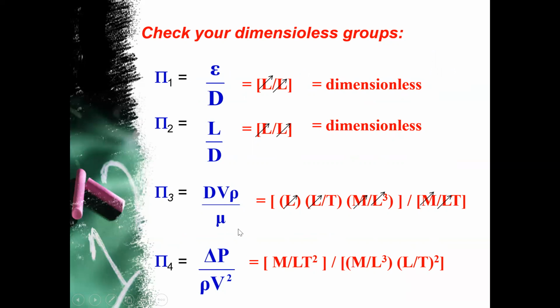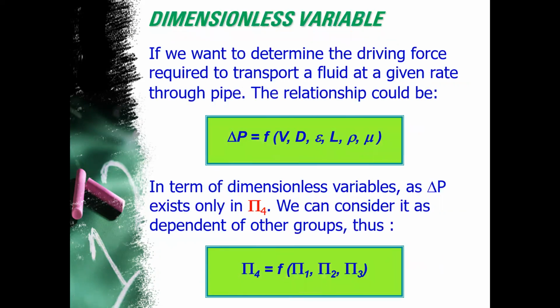The fourth one contains the driving force variables. So this is pi 4. If you need to write the relationship, you write it this way: you take pi 4 is equal to F of the rest of the function.